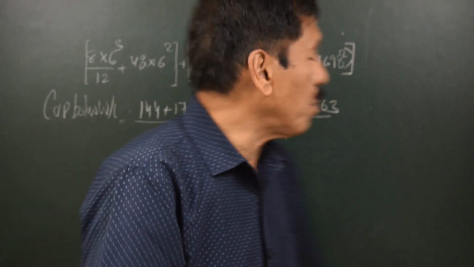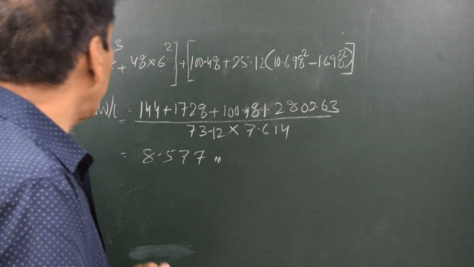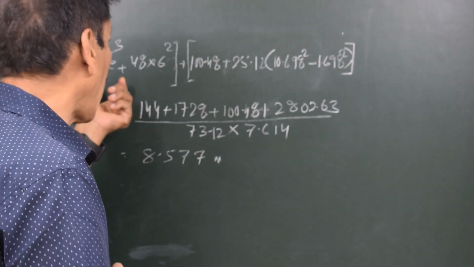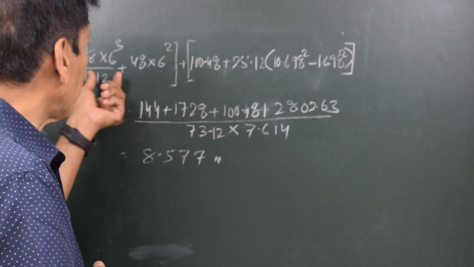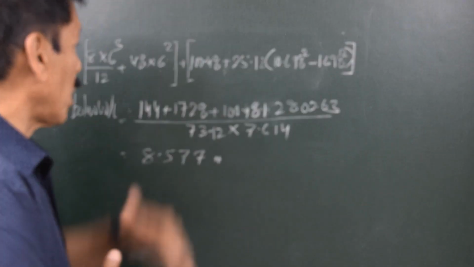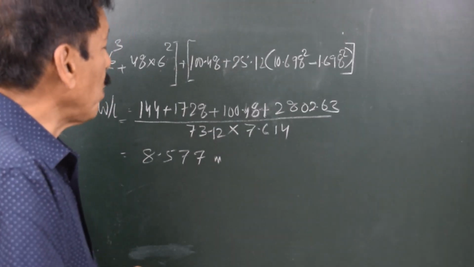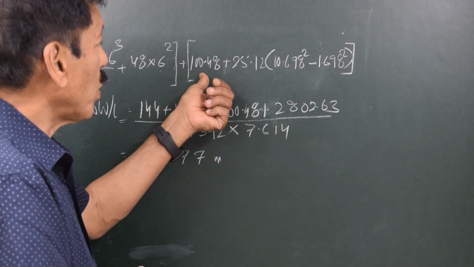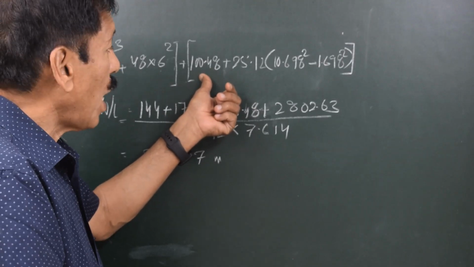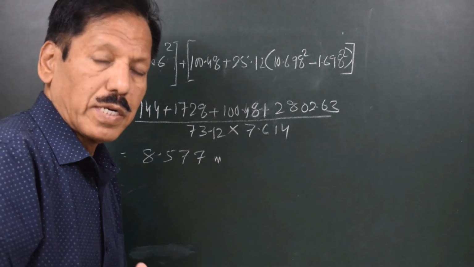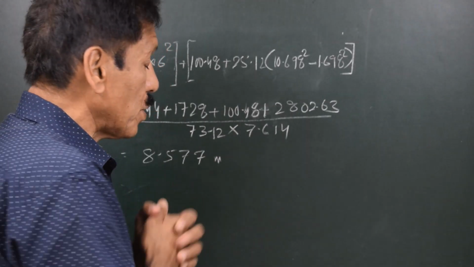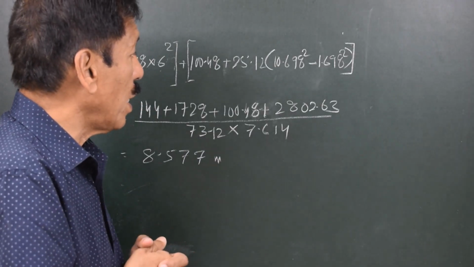The numerator can be written as 8 into 6 cube upon 12, that is the moment of inertia of the rectangular part about its own axis, plus AD square, that is 48 into 6 square, taking the moment of inertia to the water level. In respect of the semicircle, this is the moment of inertia of the semicircle about the diameter. I cannot take the moment of inertia directly to the water level, so first I will bring the moment of inertia to the centroid, by doing minus AD square.